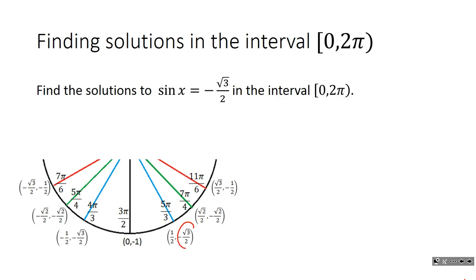I find it in quadrant 4, and I also find negative square root of 3 over 2 in quadrant 3. So the answer would simply be the angles corresponding to those two. So the solutions would be the angles 4 pi over 3 and 5 pi over 3.